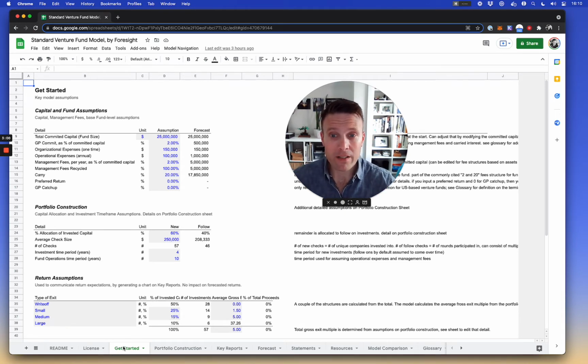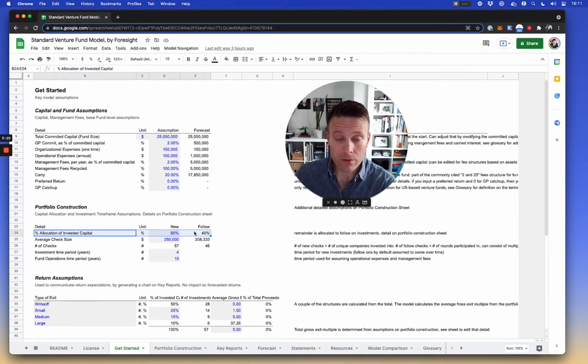In my basic models, I usually have some structure which says, I come up with the idea of what total invested capital is going to be. And then I have some assumed allocation between new checks, or money that's put in new companies, versus follow-on, or capital being saved to invest into follow-on rounds from the companies that are raising future rounds and are offering me the right to do pro rata.